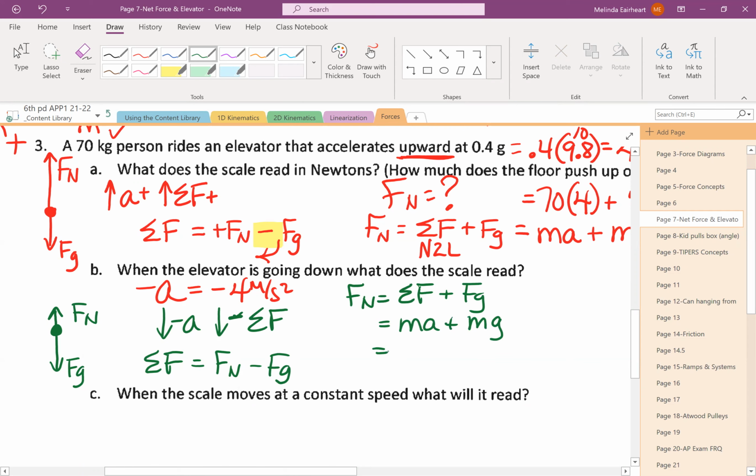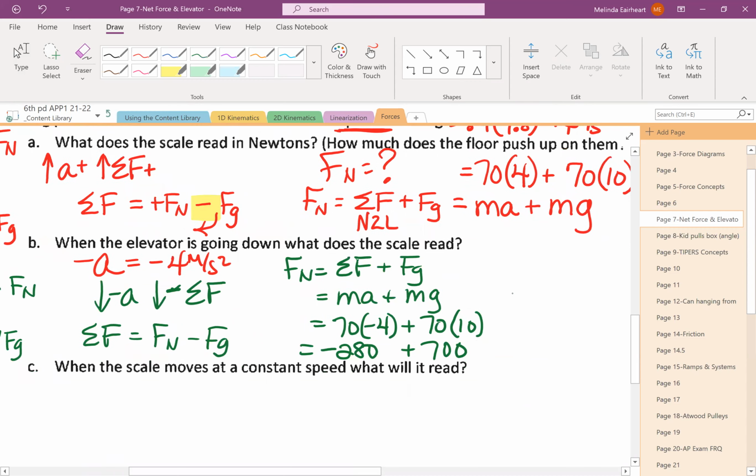But now, what am I going to plug in for the acceleration? Not a +4, but I'm going to plug in a -4. Weight technically stays the same. And so now instead of adding 280, we're going to subtract 280.